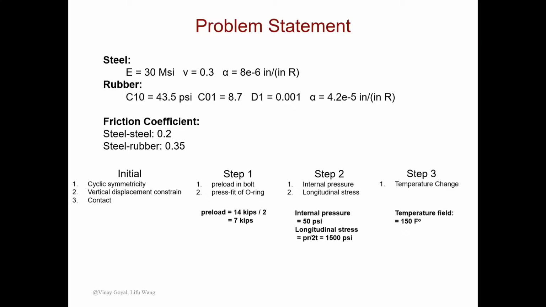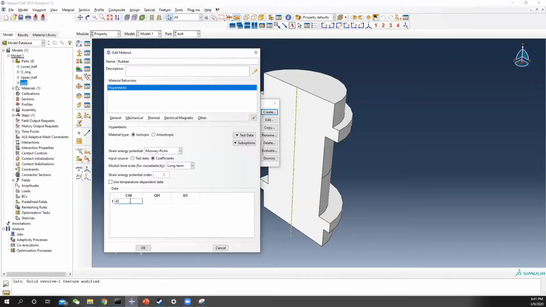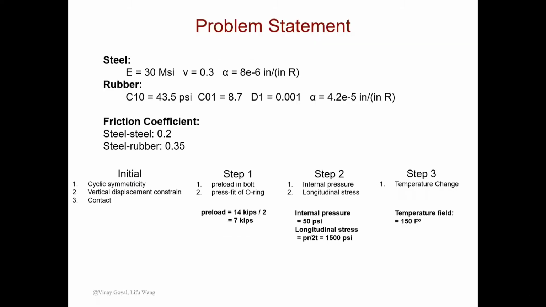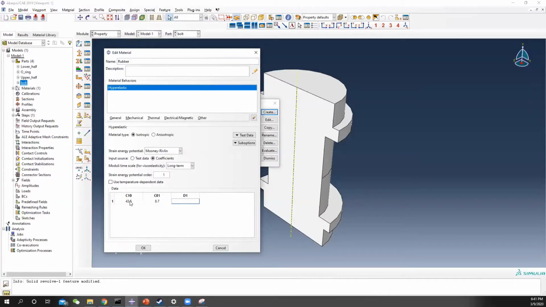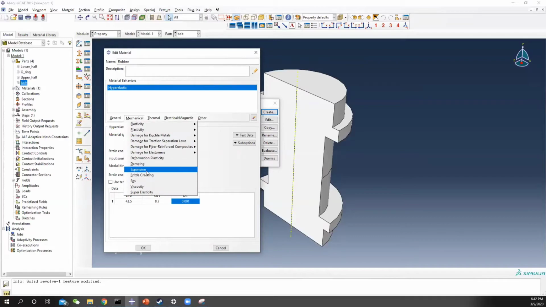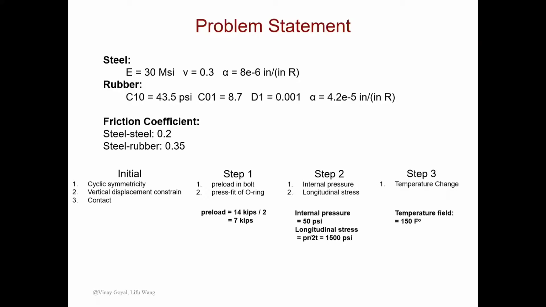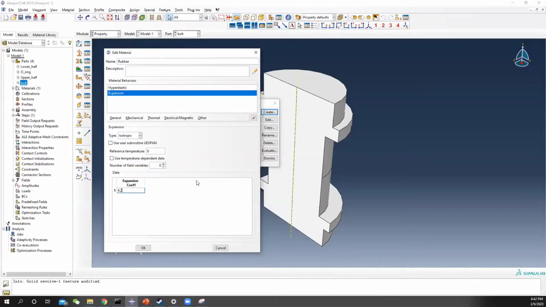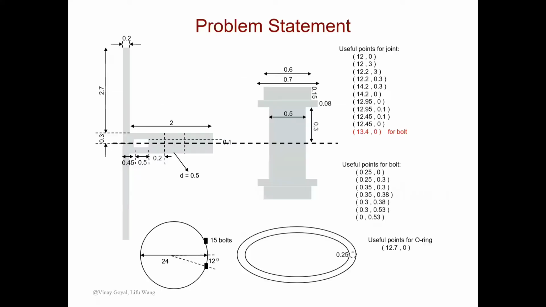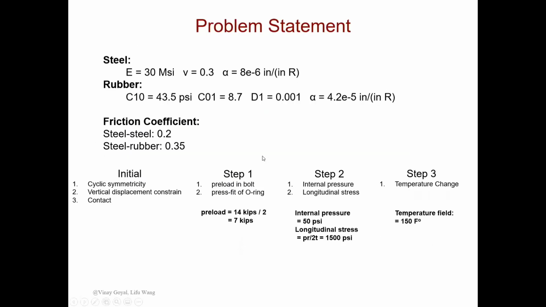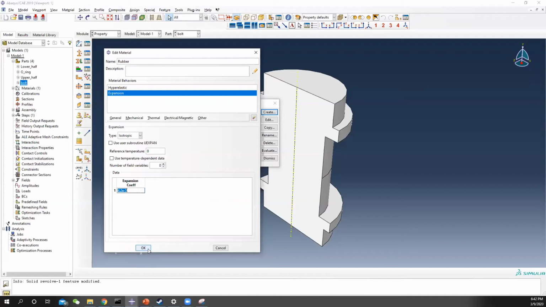And is 43.5 and 8.7. And the Poisson's ratio 0.001. And again, we need a thermal expansion coefficient, which is 4.2E minus 5. Okay.